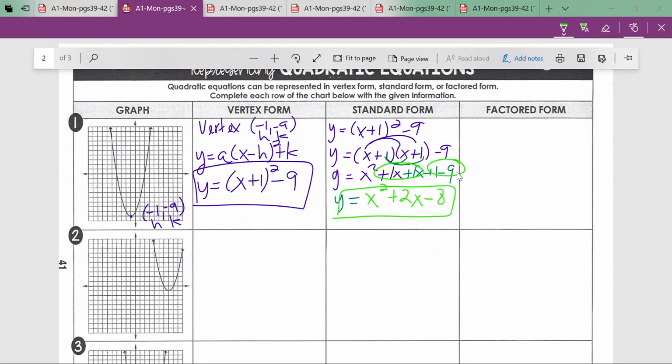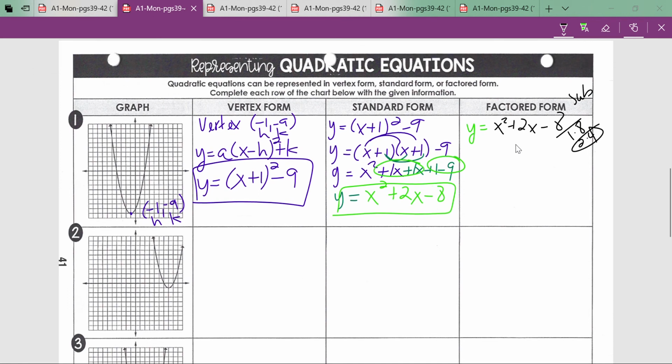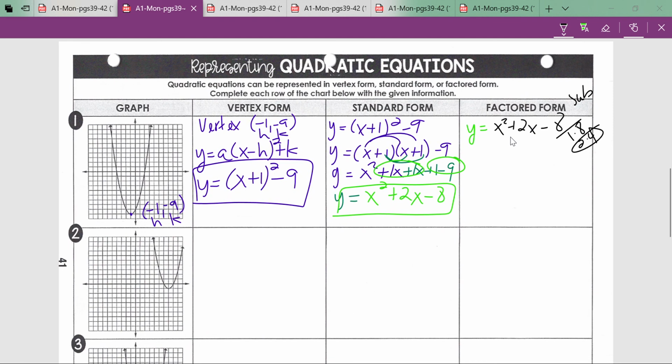All right, last step here is to factor. So you have x squared plus 2x minus 8, and we do the factors of 8. 1 times 8 and 2 times 4 multiply to give me 8. Because this is a minus 8, we want the ones that would subtract to give me that middle term. And the middle term is 2. Well, 4 minus 2 is 2.